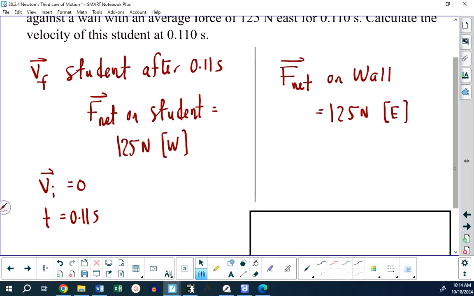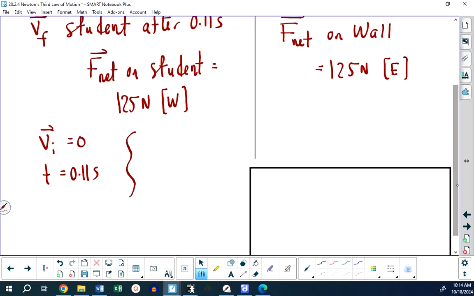F net equals ma, because we know the net force acting on the student. We know that the 125 newtons, I'm going to leave the directions out of it, we know it's west, right? Is equal to the mass of the student times the magnitude of the acceleration of the student.